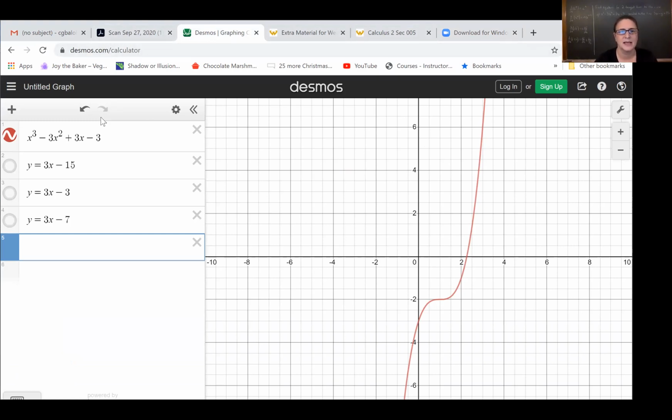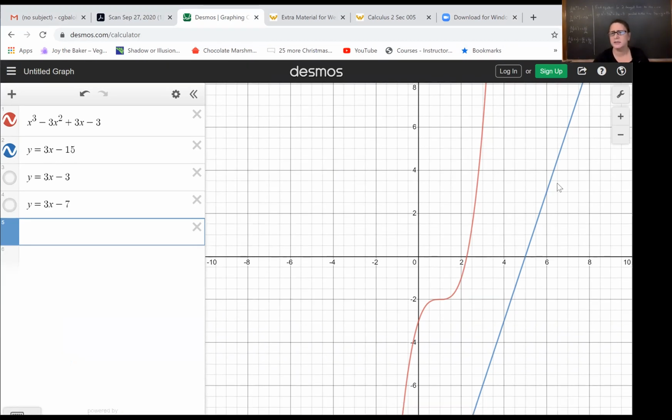I graphed it. And here's the line they gave you, right? As you see, the line they gave you is not tangent to the function. It's a little bit off to the side. But what they want is two lines parallel to the blue line that are tangent to the function, right? So it maybe is going to be somewhere around here and somewhere around here.